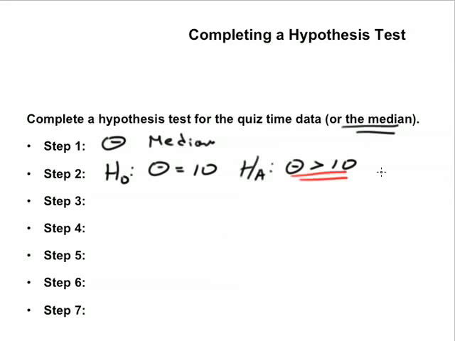Okay, step 3 was identify the appropriate test. Well, we're talking about the median, so we're going to use a sign test. And then the next thing would be to talk about the assumptions. And the assumption is pretty simple here. Remember, the sign test is actually a non-parametric test. We typically use this when the assumptions to do a t-test are not satisfied.